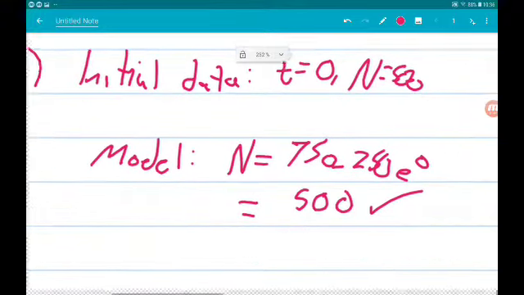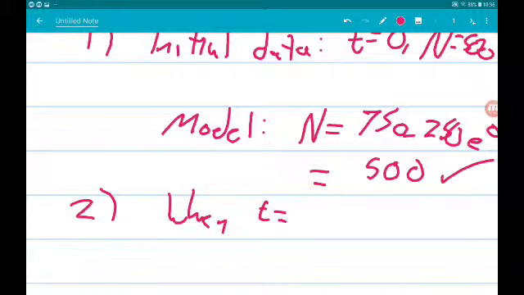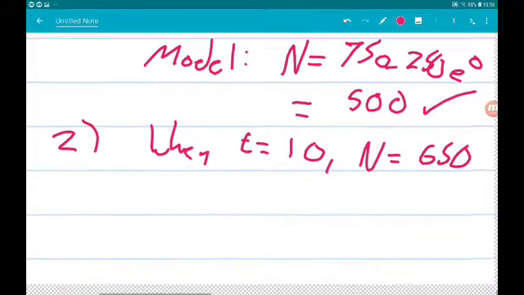Now let's try when t is 10. So when t is 10, n is 650 by the model.